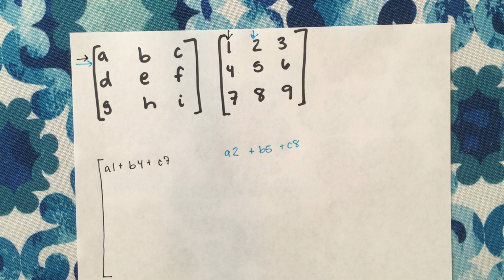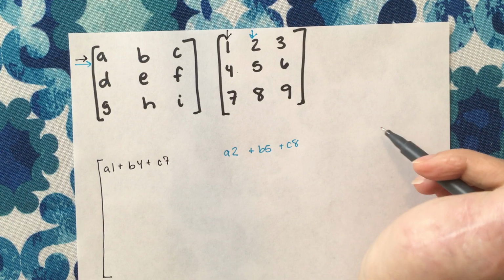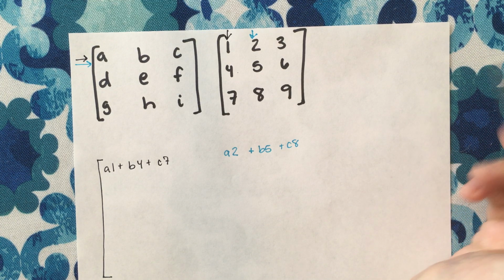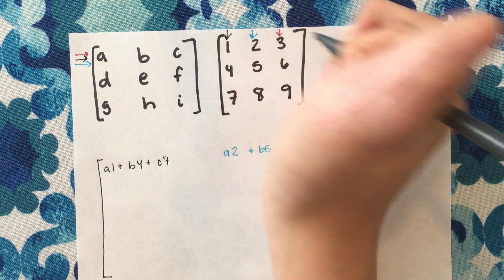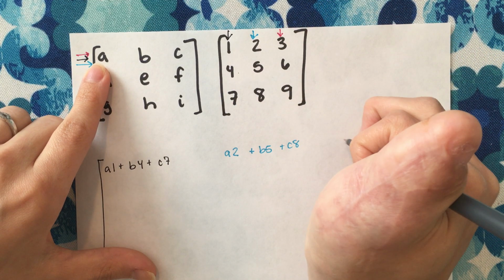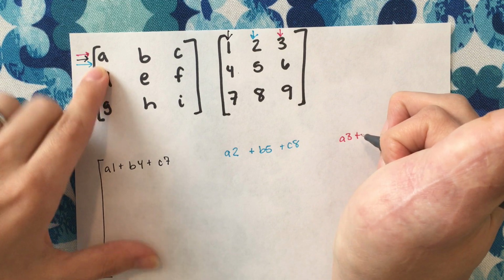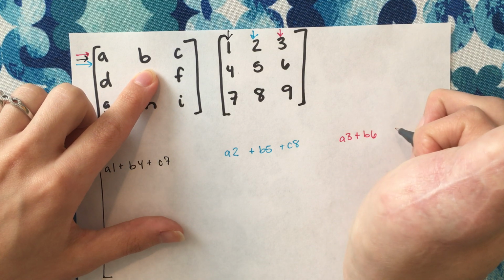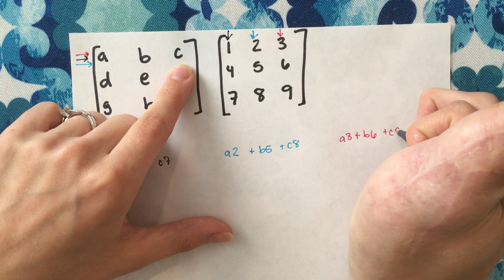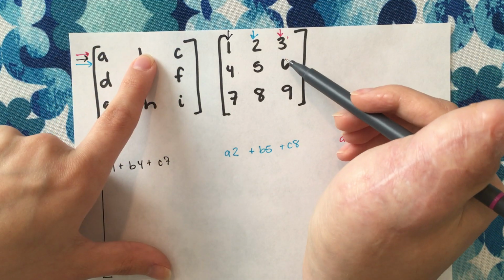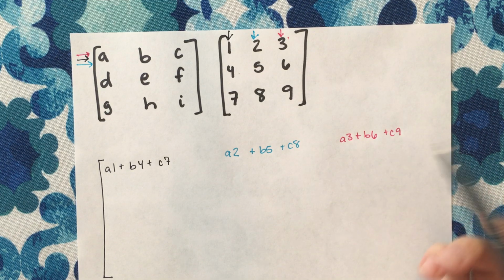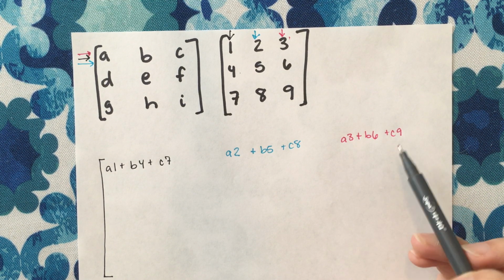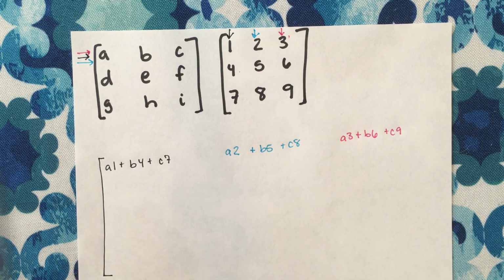All right, let's do the A13 element. So the first row and the third column. So I'm going to do this first row and this third column. So I'll do A times 3 first plus B times 6 plus C times 9. Multiplied each of these component-wise and added them together to get the A13, first row, third column.